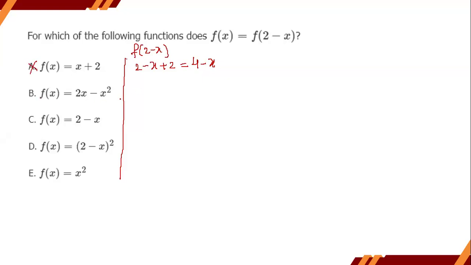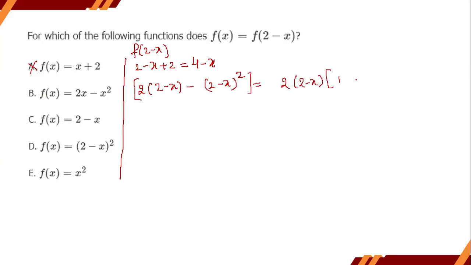Now moving on to answer choice B, x is to be replaced by 2 minus x. So that means we have 2 times 2 minus x minus 2 minus x whole squared, right? Now we can take 2 minus x whole squared common. So let's do that. So 2 times 2 minus x, right?